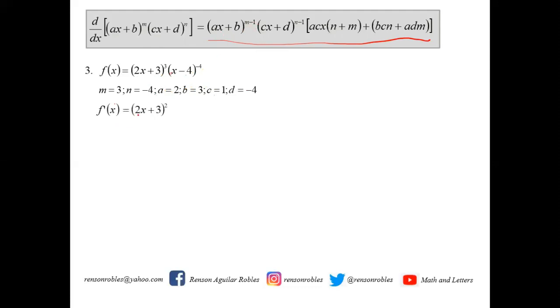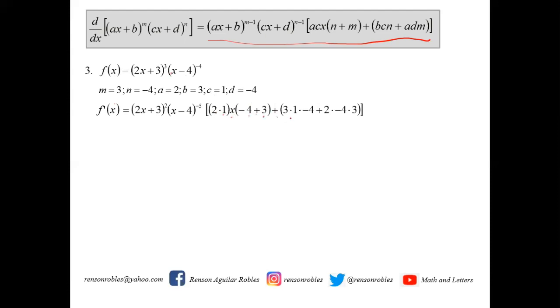So that's (2x+3)^(3-1), which is 2. And then (x-4)^(negative 4 minus 1), which is negative 5, times acx. A, that's 2. C, that's 1. x times n, that's negative 4, plus m, which is 3.